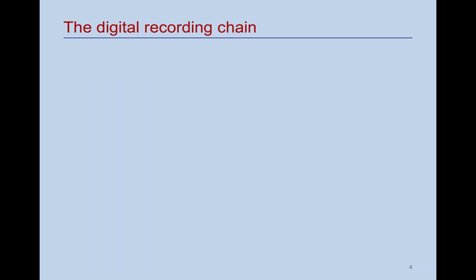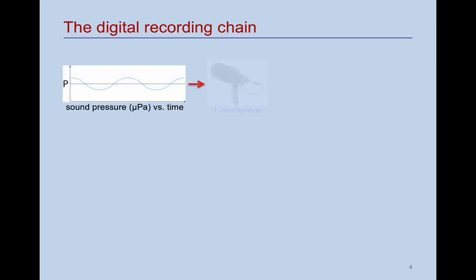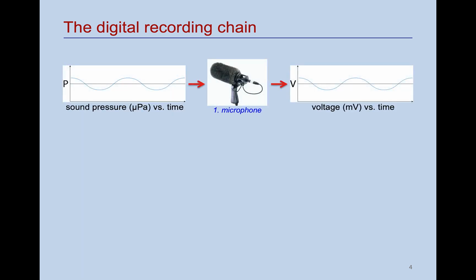Before we jump into considering what clipping is, how it occurs, and how to recognize it, it's useful to review the specifics of the digital audio recording chain that were introduced in the previous video. Recall that the digital recording chain is a three-step process. In the first step, a microphone converts a continuous sound pressure wave in the atmosphere, in water, or in some other medium into a continuous time-varying voltage signal.